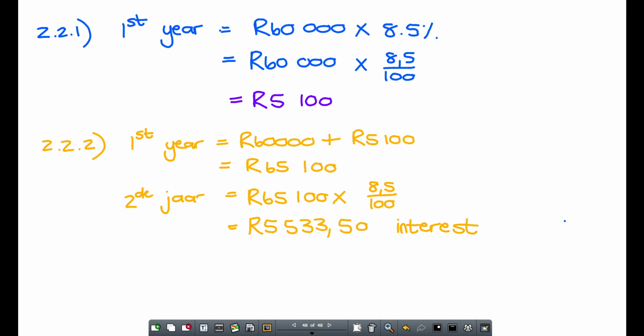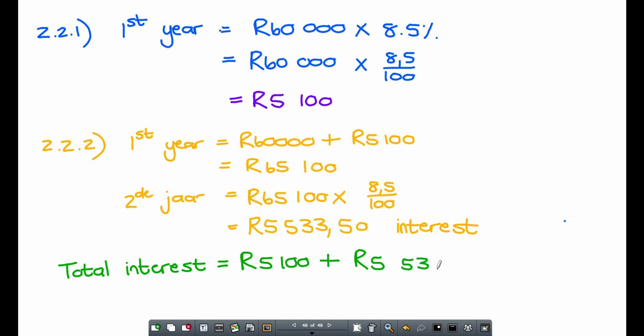Okay. Nou die vraag sê vir my, hoeveel rente het sy terugbetaal aan die einde van die tweede jaar? So her total interest in the first year, she paid 5,100. Oh, sorry. En dan tel ek by die rente wat sy in die tweede jaar betaal het. In other words, 5,533 rand and 50 cents.